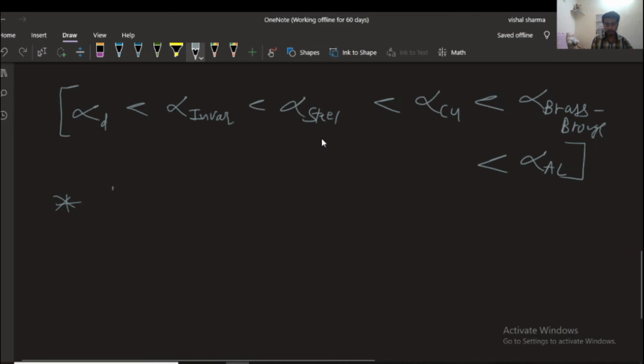Okay, so let's take an example. Here is a bar of length L, and take one strip of thickness dx at a distance of x.